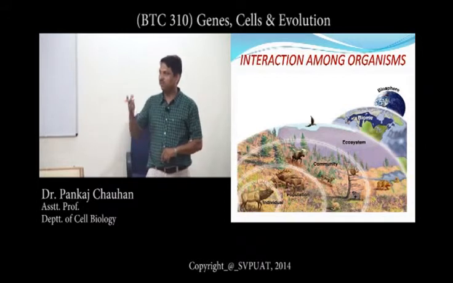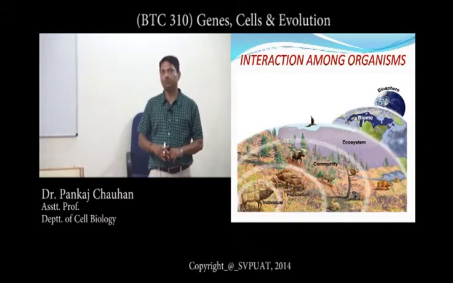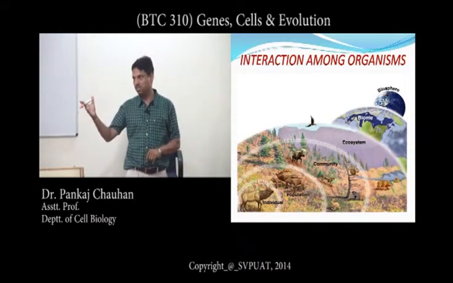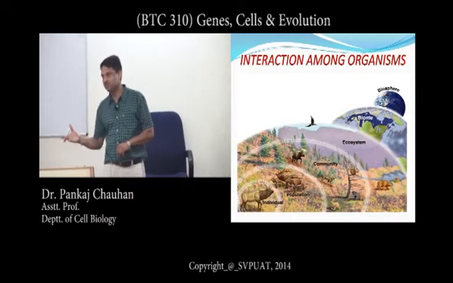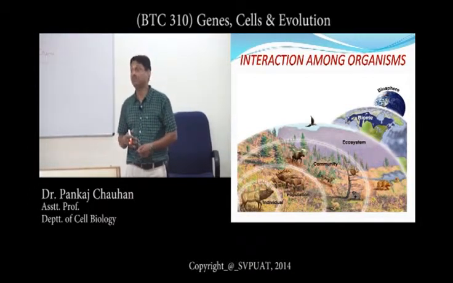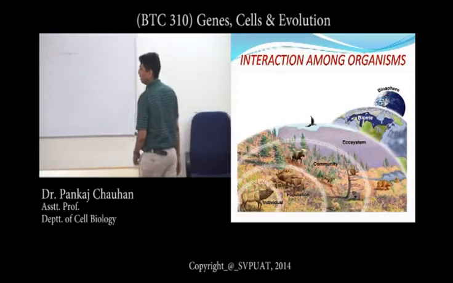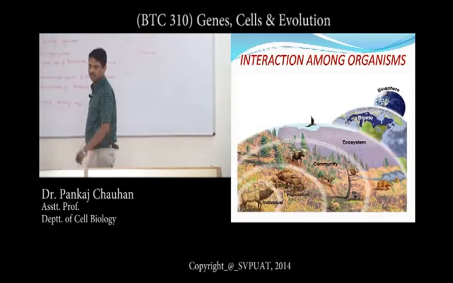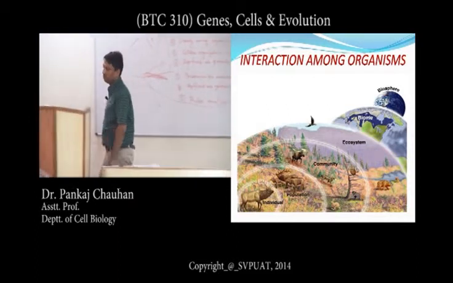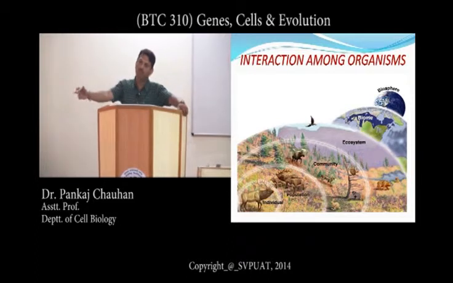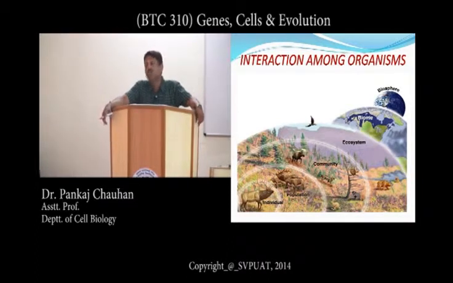Several times I told you, if you go through nature, there are different types of microorganisms out there. Some are visible, some are not visible. We are talking about the visible microorganisms, some fungal cells. They come under the category of microorganisms, but they are visible.